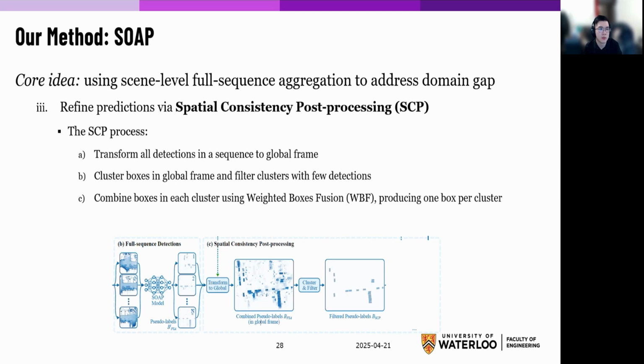And then for each cluster, because the object size and object location should be consistent in the global frame over time, we combine all the boxes within each cluster using a weighted box fusion, which will weight the boxes based on the confidence from the previous step, and then produce one box per cluster representing that object. And finally, we'll transform all the boxes back to the local frame to obtain the pseudo-labels for each individual frame.